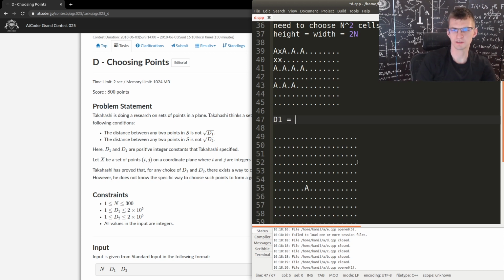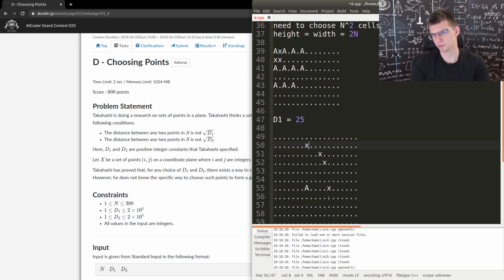If D1 is something, let's say 25, then I cannot be 5 units away. I cannot be 3 and 4 away, because 3, 4, 5 is a Pythagorean triple.